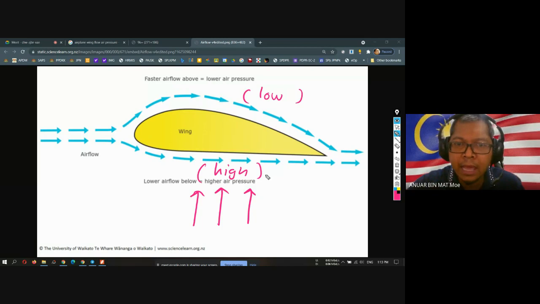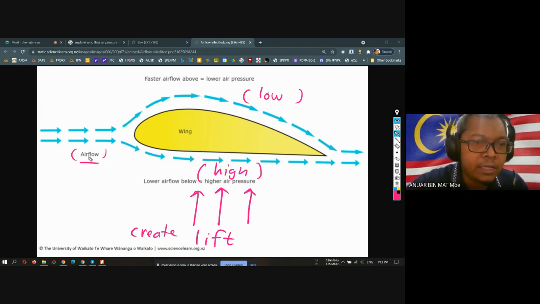The air pressure underneath the wing is higher, because the airflow underneath moves at higher speed than the airflow at the top of the wing. So it will create lift, but depending on the speed of the airflow.